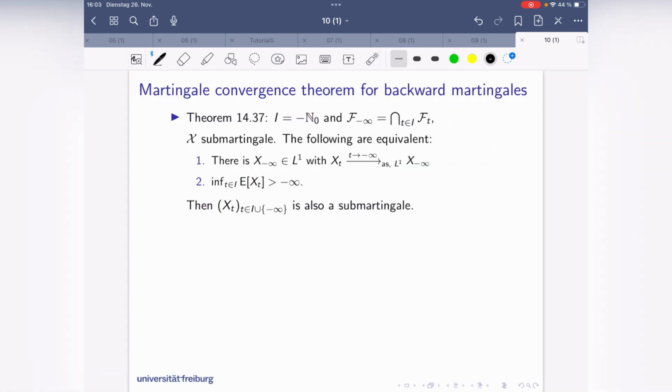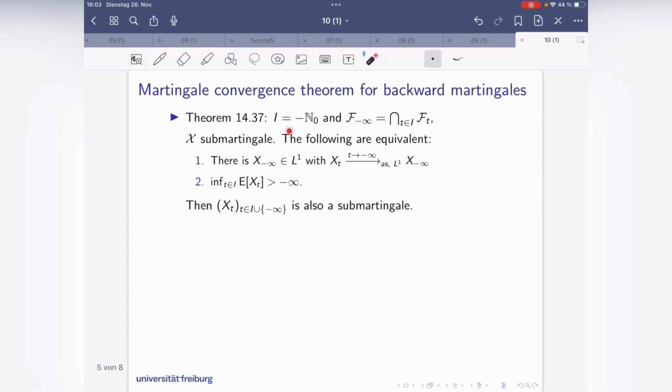Okay, then there's another thing here. The martingale convergence theorem for backward martingales. Recall that a backward martingale is one where the time index is on the negative natural numbers. And for those, there are extremely weak conditions for convergence.